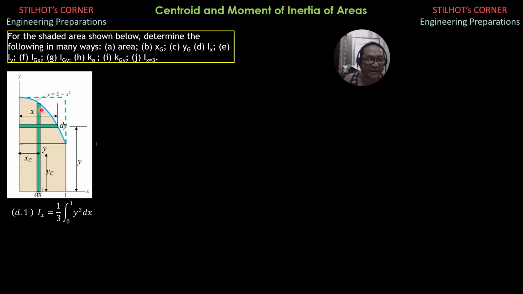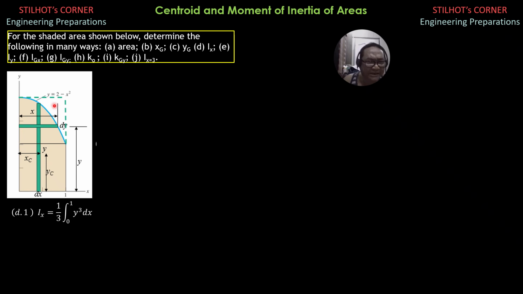But the direct way, if we consider the vertical strip, remember the moment of inertia of a rectangle with respect to its base is 1/3 base, which is dx, times height cubed, and the height is y. So 1/3 dx y cubed. The variable of integration is x. That's why the limits for x are 0 to 1.